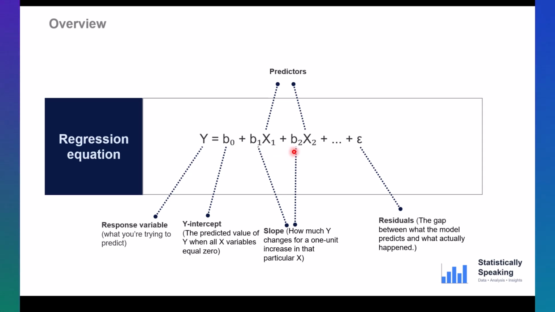B1 and B2 are the slopes, so they indicate how much y changes when a one unit increase or one unit change is made. It could be an increase or decrease as well, right? X1 and X2 are the predictors. And the epsilon here is the residual. So that's again the gap between what the model predicts and what actually happened. As I said, all of these will become clear and come to life when we start analyzing the data.